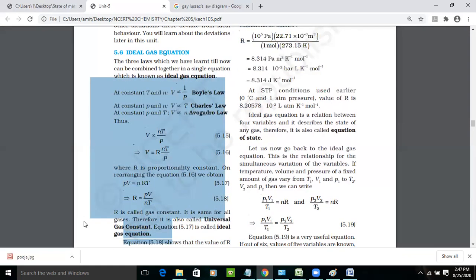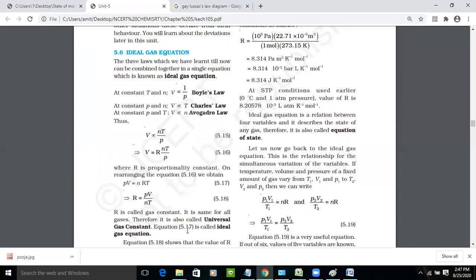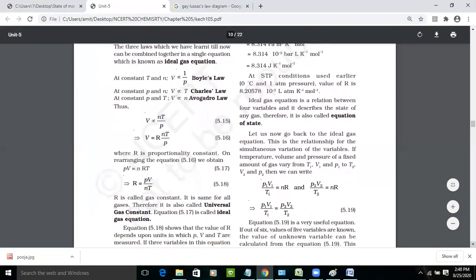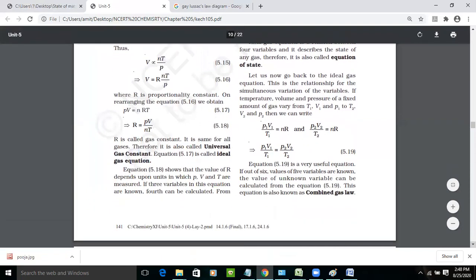So R is known as the gas constant, and it is the same for all gases. Meaning whatever the gas, ideal gas, normal gases, inert gases, the value of R will be the same. Since it shows the same property for every gas, it is universal, so it is known as the universal gas constant.